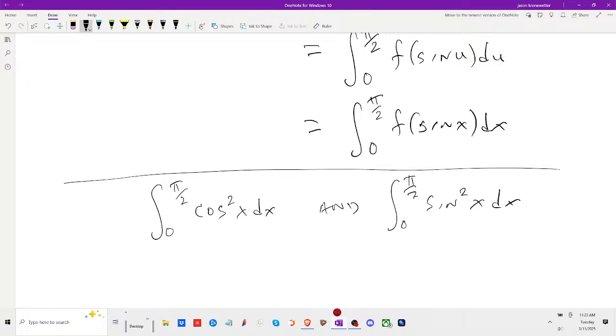So what we're going to do is say f of x is equal to x squared.